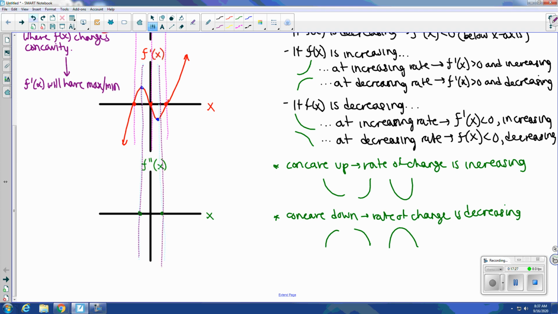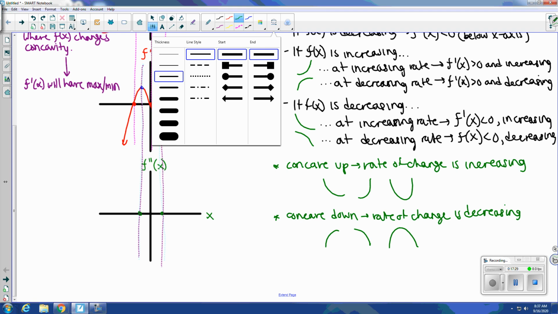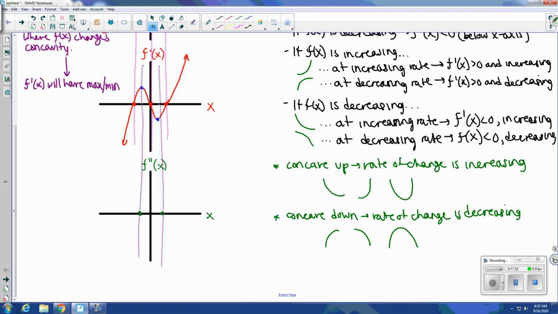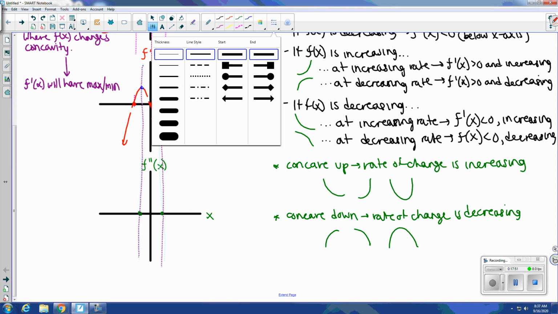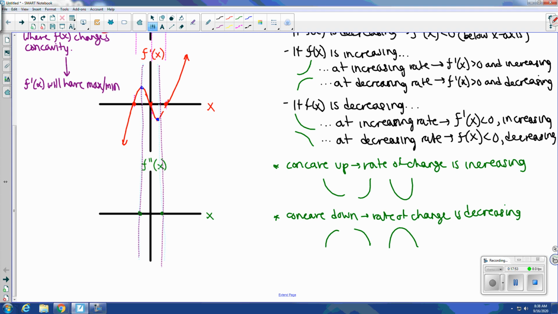I'm going to erase the pink so we can get a better look at f prime. So there are our sections. We have 3 sections. We've identified where the zeros for f double prime should be.